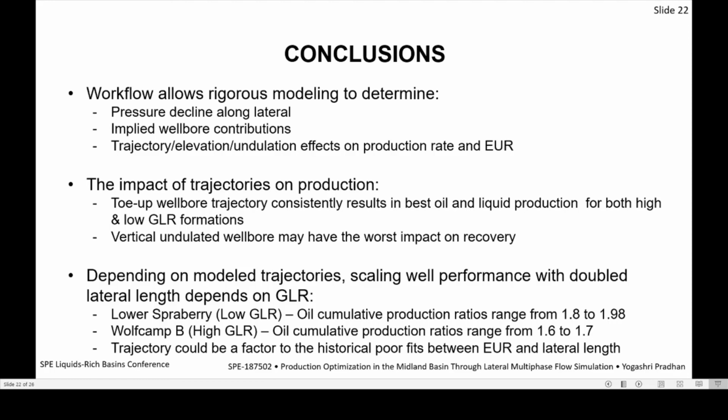Depending on model trajectory, scaling well performance with doubled lateral length depends on GLR. For the lower Sprayberry, the oil cumulative production ratios range from 1.8 to 1.98, and for the Wolfcamp B they range from 1.6 to 1.7. Trajectory could be a factor in historical fits between EUR and lateral length, so that's something to take into consideration.